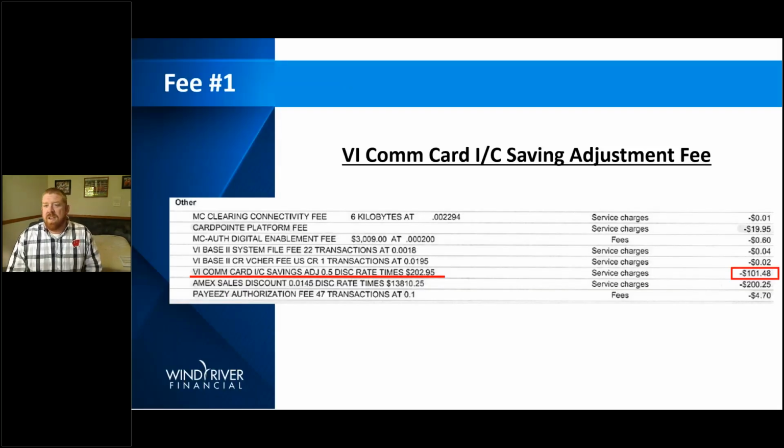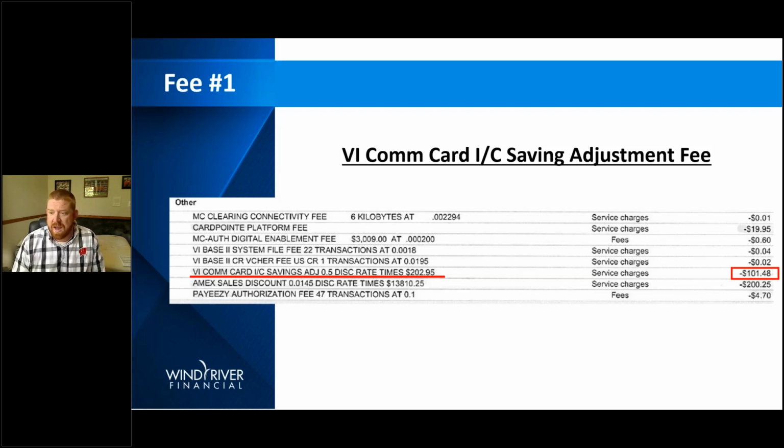So the first fee here, VI or Visa Commercial Interchange, IC Interchange Savings Adjustment Fee. Savings adjustment fee sounds like a great thing, sounds like you should be saving money. But as you can see here in the little red box, that's a fee just like everything else. For this customer, they processed $200 that qualified for the savings adjustment fee.